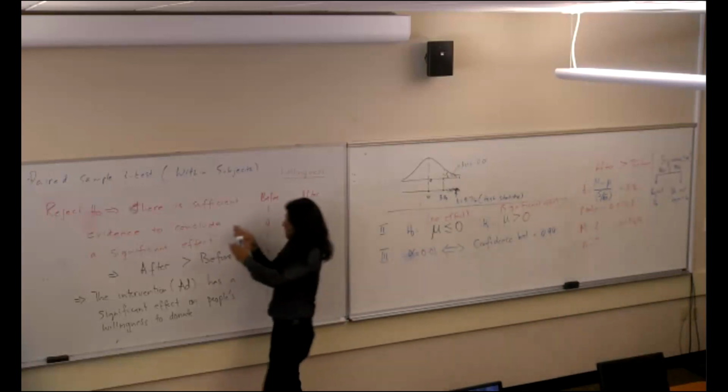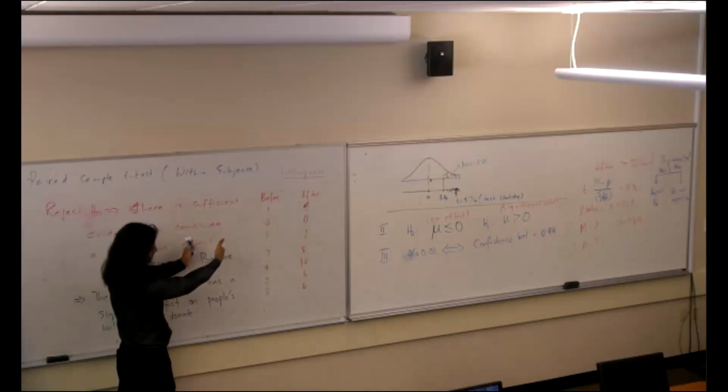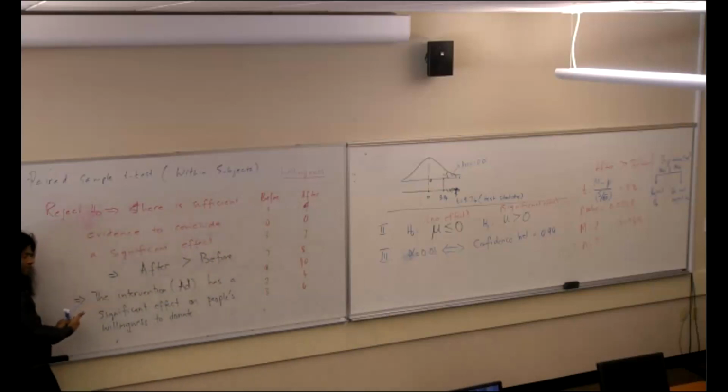So back to here, same conclusion. Reject the null, sufficient evidence to conclude that there is a significant effect. What effect are we studying? If the intervention worked or not. In this case, it worked.